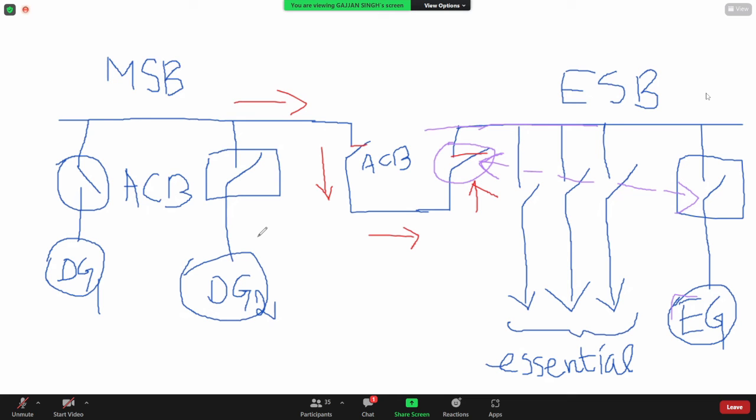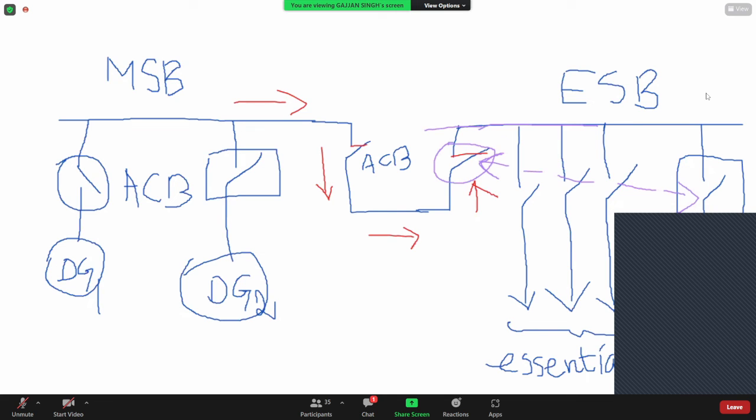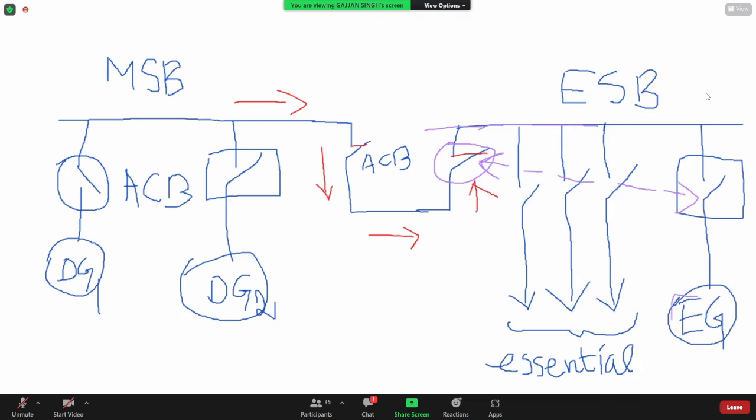See, never forget, they are very, very important. DG1, DG2, DG3, through air circuit breakers, feeding the main switchboard, feeding the emergency switchboard. In case of DG1 failure, DG2 failure, or in case of blackout, the emergency generator will run and get on load within 45 seconds, and it will start feeding the emergency switchboard only, not back to the main switchboard.